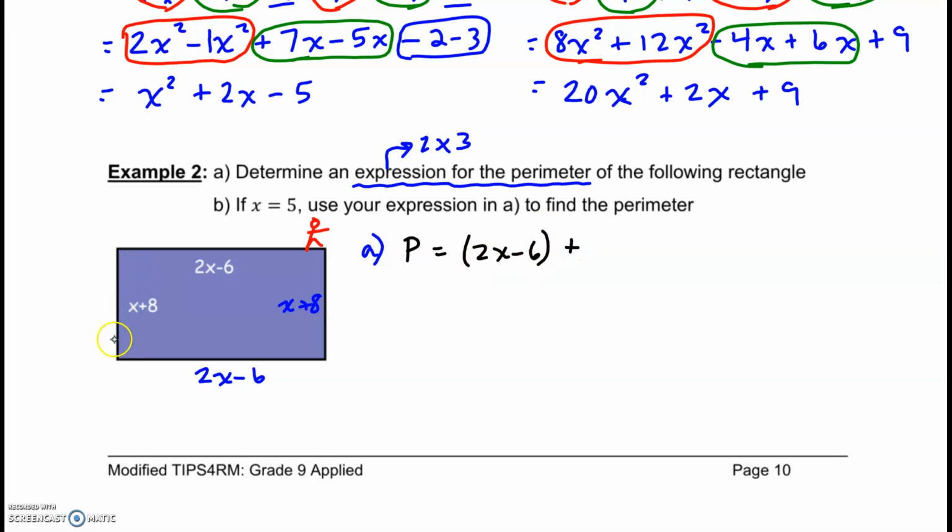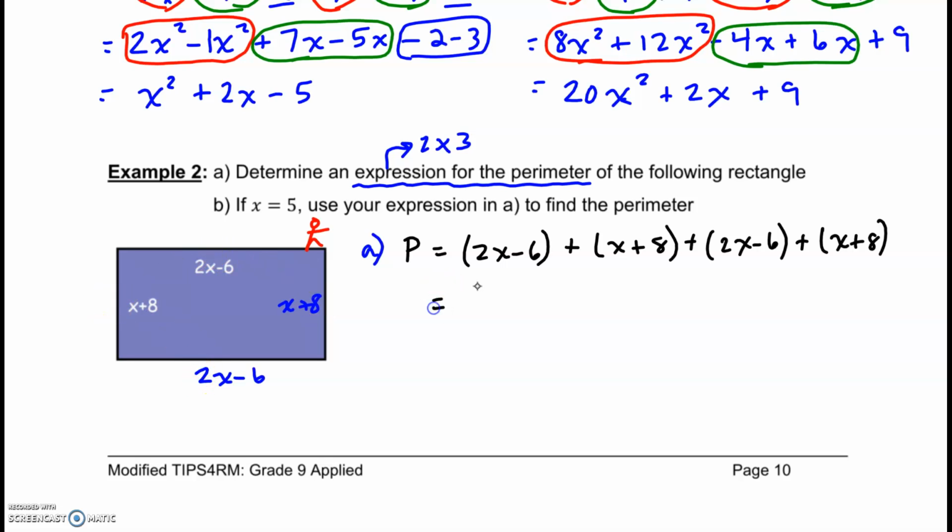Plus, now he's going to walk along this side, and that's x plus 8. Then the little guy walks along the bottom, that's 2x minus 6. And lastly, he walks up the side here, and that's x plus 8. Okay, and you can see we're adding 4 binomials together, and that makes sense because my rectangle has 4 sides.